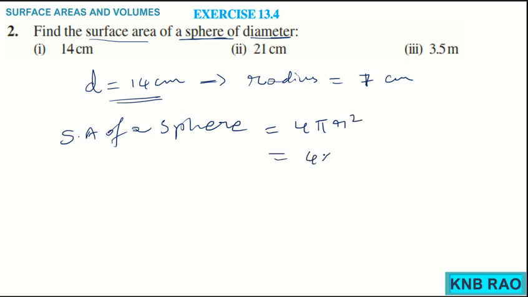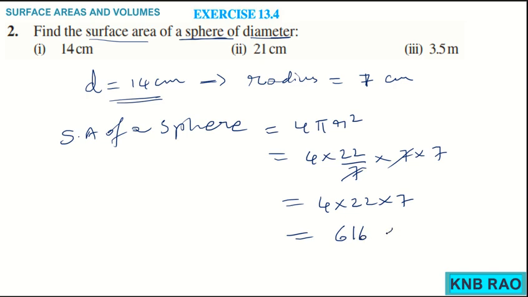Similarly, 4 into 22 by 7 into 7 into 7, and this 7 cancels once here. So, we have got here the product of 4 into 22 into 7 to be done, which is here 616 square centimeter.